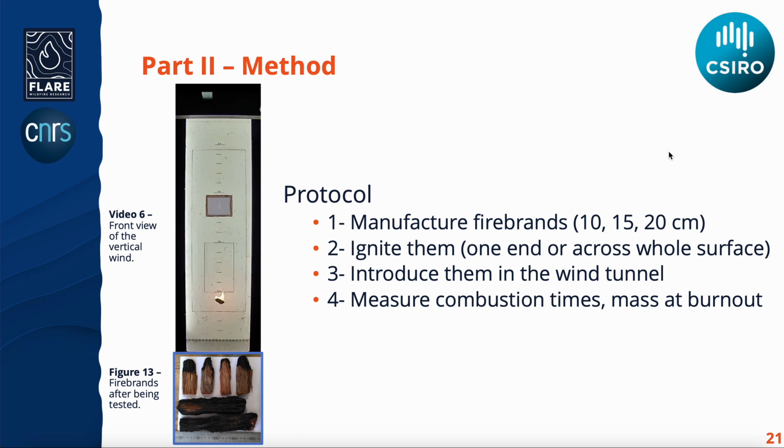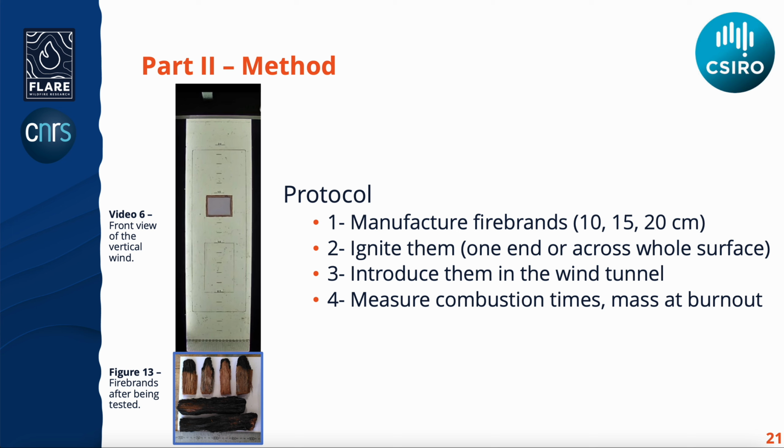So what we did with the CSIRO in Canberra was to use the vertical wind tunnel that you see here in this video with firebrands to test and to analyze the combustion behavior. So the protocol that we follow is to manufacture different firebrands in 3 different sizes, 10, 15, and 20 centimeters.